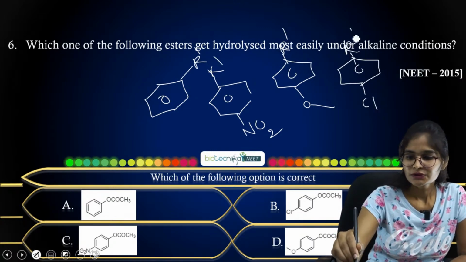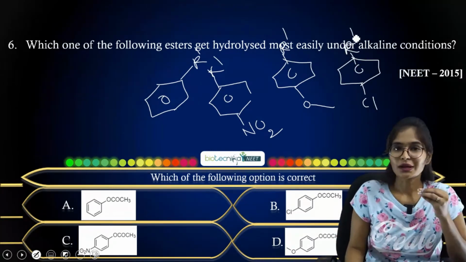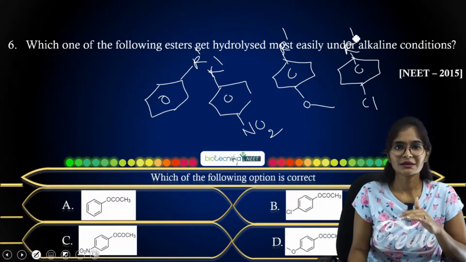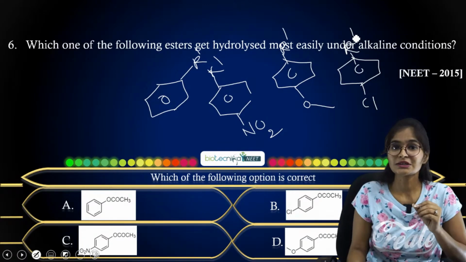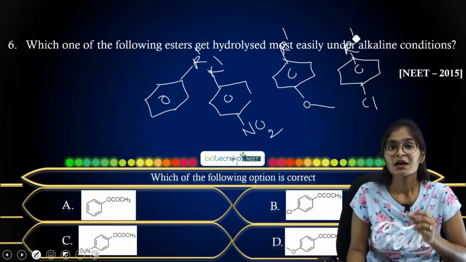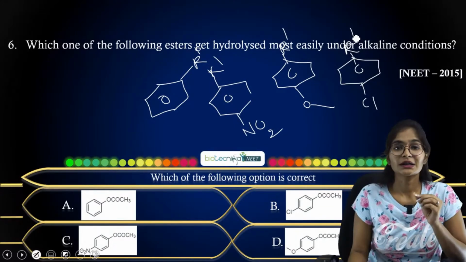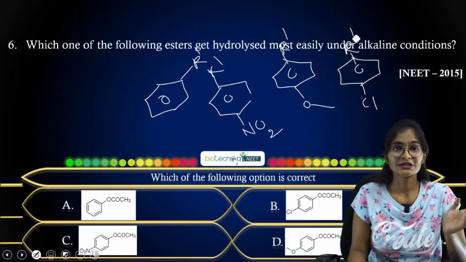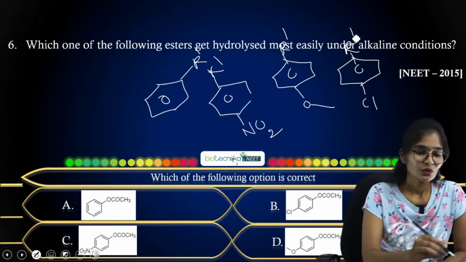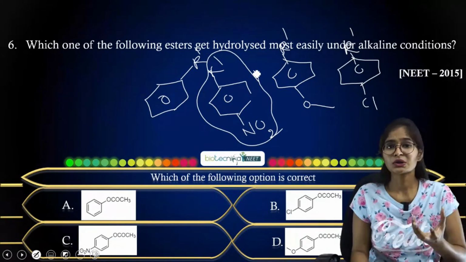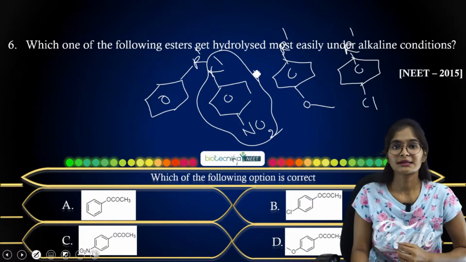Now you must know that whenever you carry out any reaction with respect to ester hydrolysis, or any organic reaction mechanism, when you consider the carbonyl carbon, if you increase the electron deficiency of the carbonyl carbon, the reaction will be faster, right? When you have an electron withdrawing group at the para position, it withdraws the electron density towards itself.